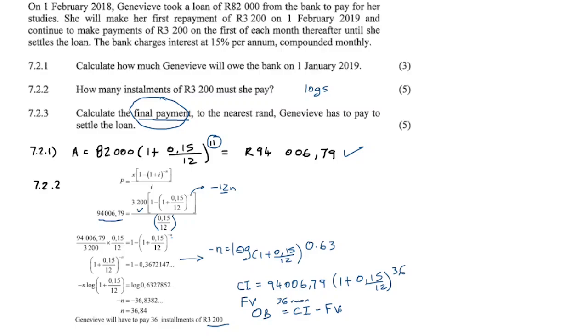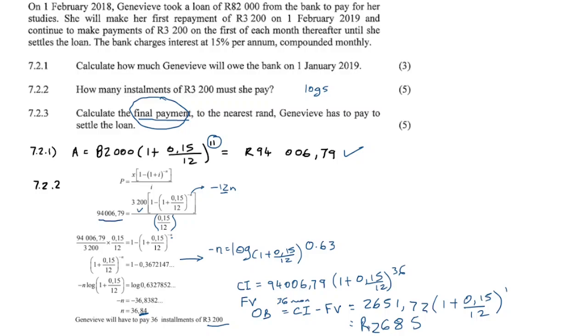And so all you need to do to work out, and that figure, if you're calculating this as well, ends up being that. And then all you need to do to work out what the final payment will be, because the bank doesn't want to see you 0.84 into a month. They only want to see you at the end of the month. So when you visit them at what would now be the 37th month, you're just going to do compound interest on this outstanding balance after the 36 months, and you're going to compound that amount just for one little month, and that will take you perfectly to the end of the month when the bank wants to see you.